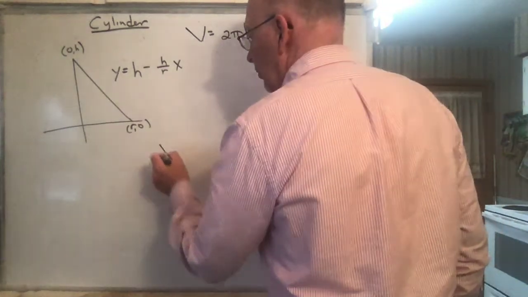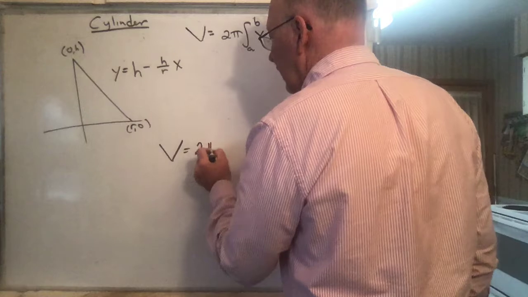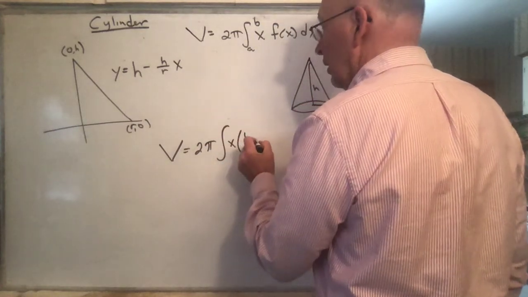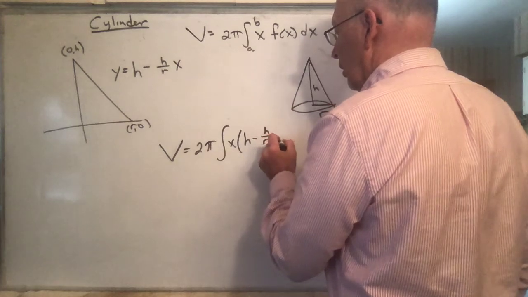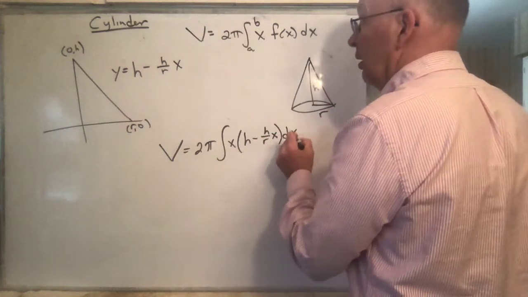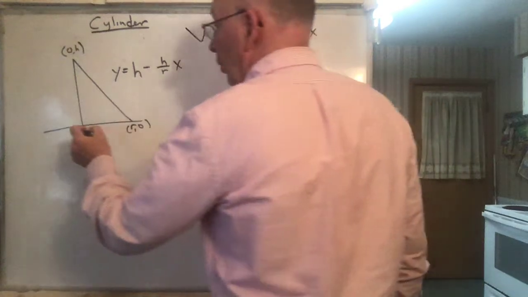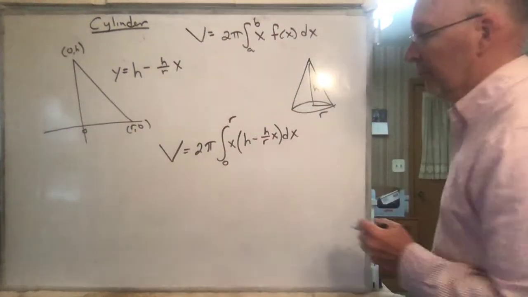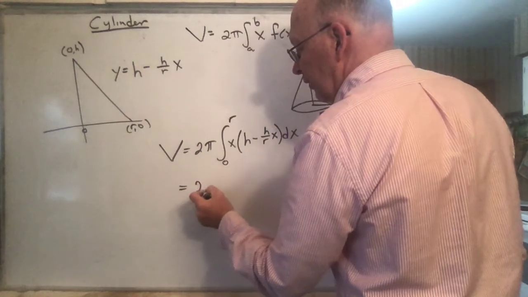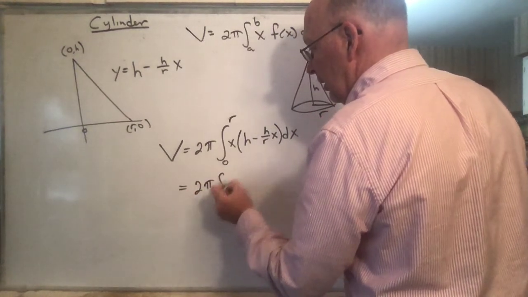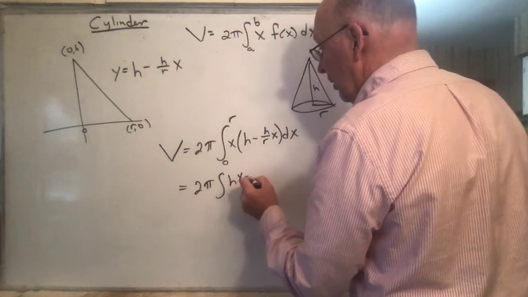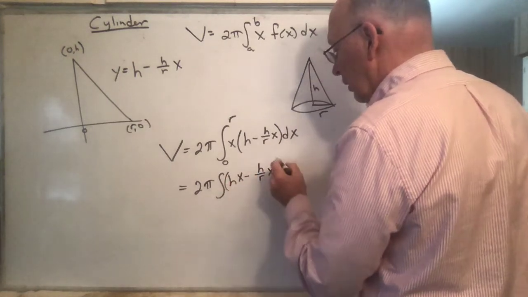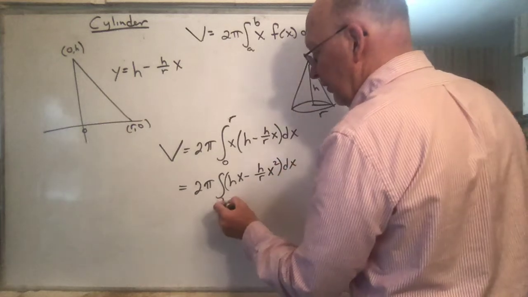So now what's the volume going to be? It's going to be 2 pi times x times the function, from, we're adding up all these contributions from 0 to r, like that. And now we're going to get 2 pi, integral of hx minus h over r x squared dx from 0 to r.